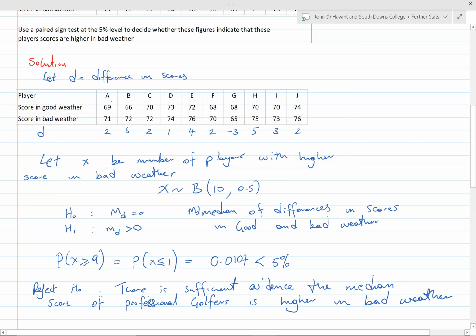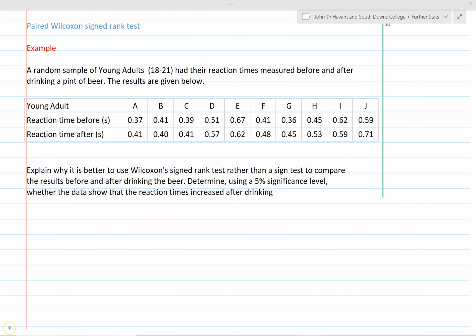Let's say how often you'd be asked to do this is questionable, because in most instances the Wilcoxon rank test, paired test will actually do a better job. But yeah, let's do an example of that.